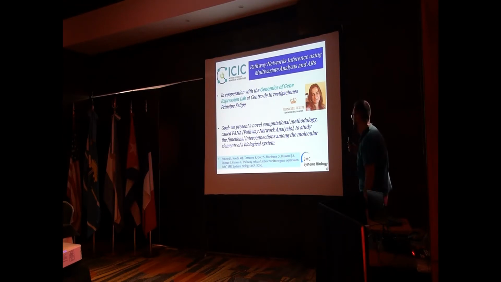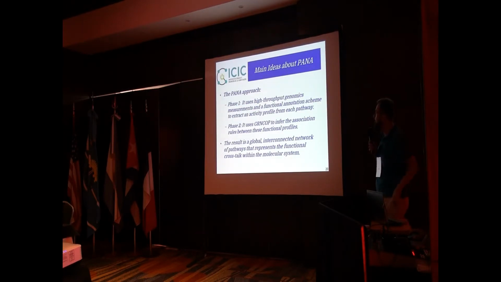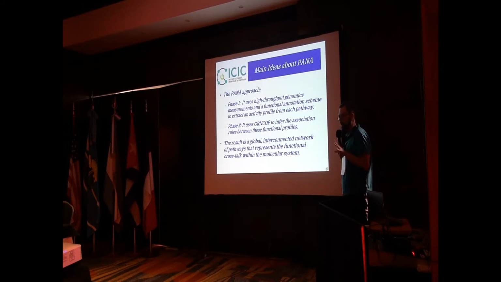This method is oriented to study the functional interconnections about the molecular elements of the biological system. The idea with this method is to work in two phases. In the first step, we make a transformation in the data.